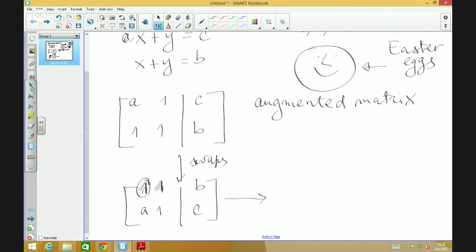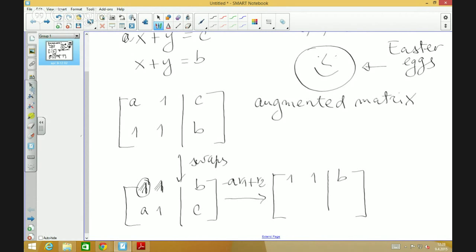So we perform this operation. This leaves the first row unchanged.